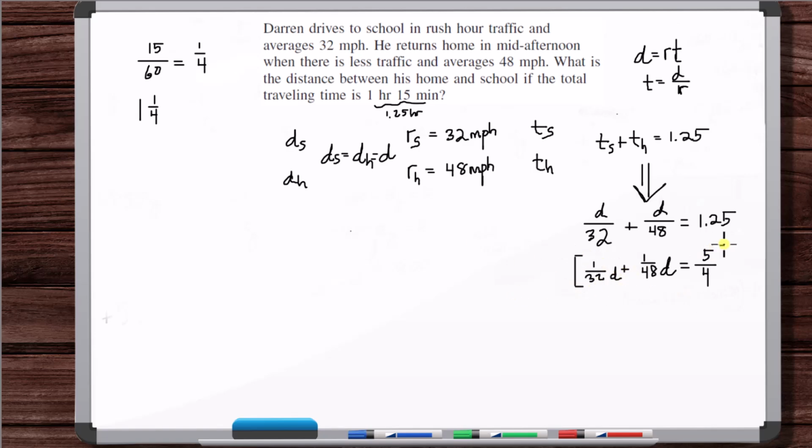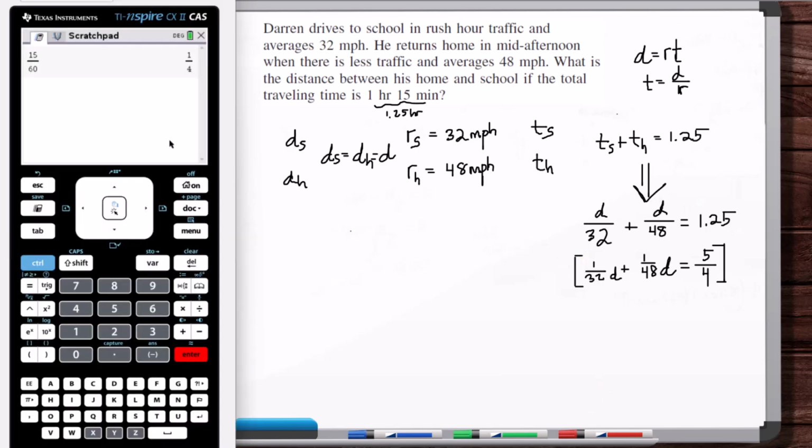We'll multiply the entire equation by the least common denominator. 48 is divisible by 4, 32 is divisible by 4. Okay, what is 48 times 2? 96.